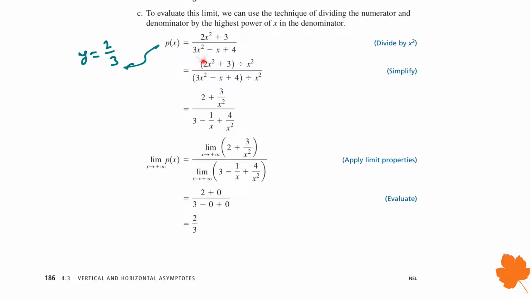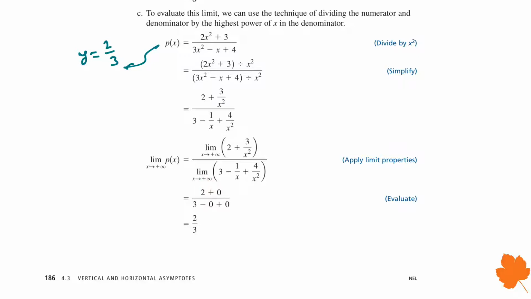we divide both numerator and denominator by x². P of x equals 2x² plus 3 divided by 3x² minus x plus 4 can be written as 2 plus 3 over x² divided by 3 minus 1 over x plus 4 over x². The limit of the function as x approaches infinity is the limit of the numerator in the new form divided by the limit of the denominator in the new form as x approaches infinity.